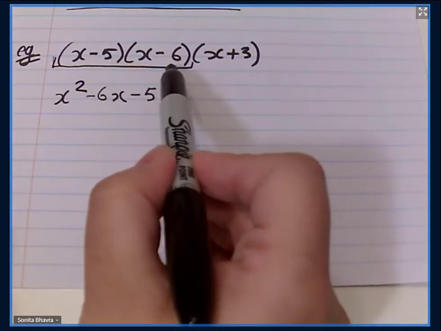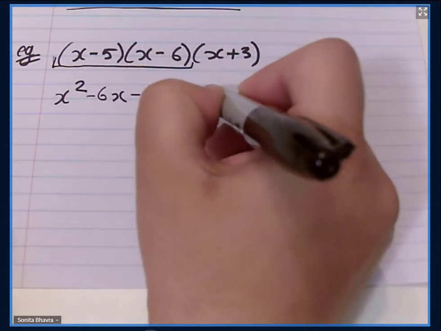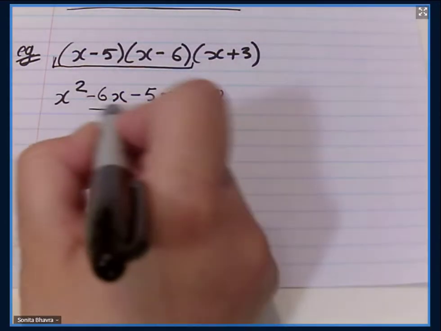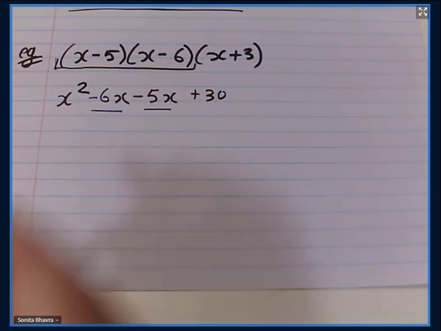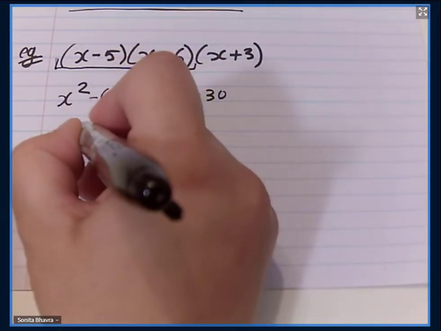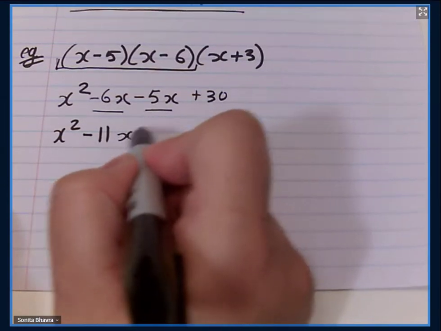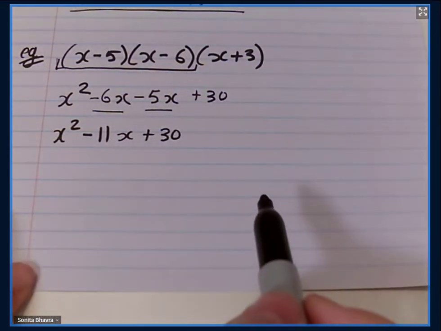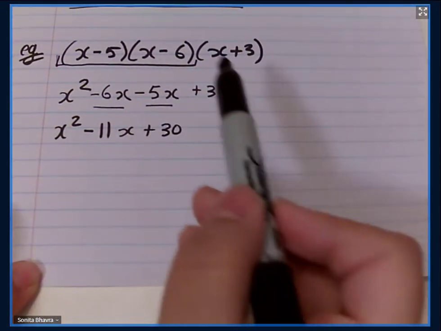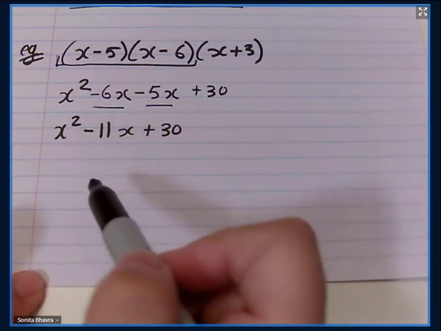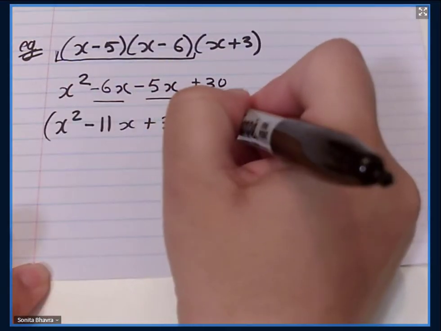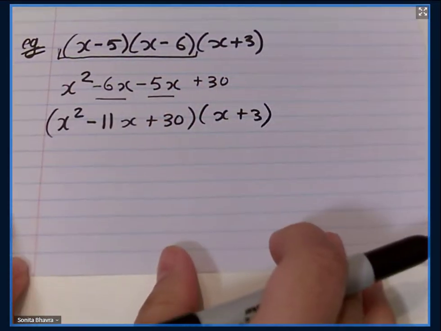And then negative 5 times negative 6, that's plus 30. And then I'll collect the 2 middle terms together. So negative 6 and negative 5 together gives me negative 11. So I have x squared minus 11x plus 30. All right, so that was those 2. And then I still have to multiply the x plus 3 with what we just have here.